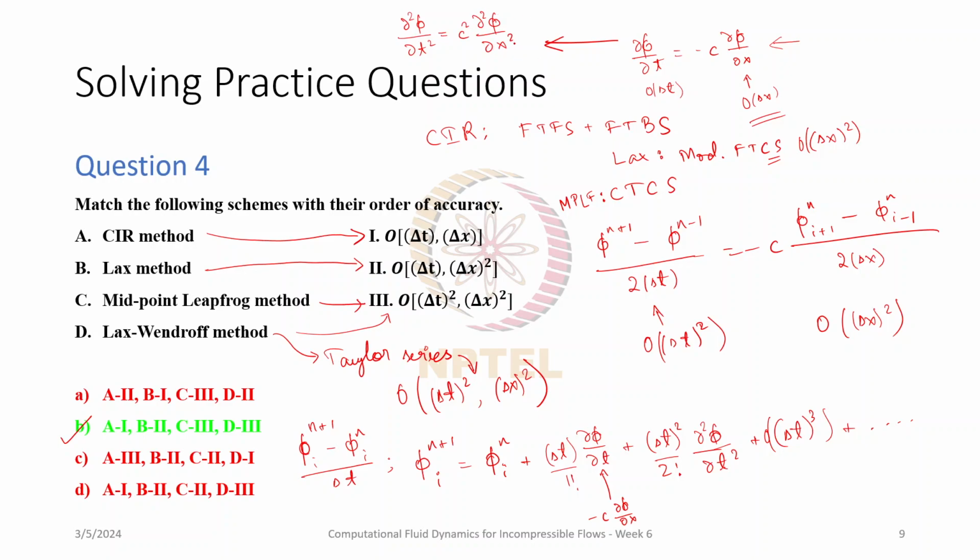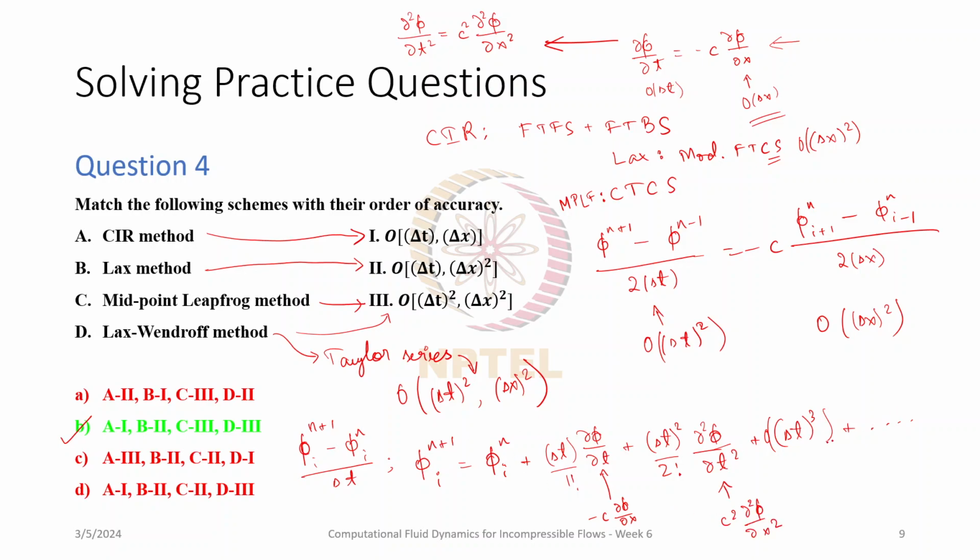Do you want me to do them, or is this clear? It is clear, sir. So this term also gets replaced with c squared dou 2 phi dou x squared.